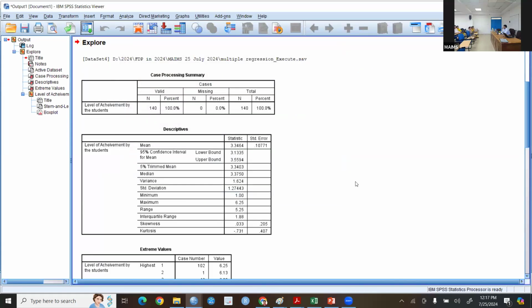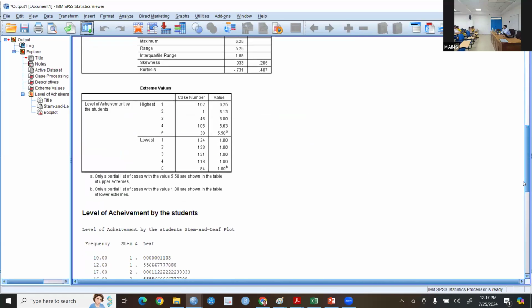Have you got the outliers? Extreme values. So never ever work with extreme values. Try to remove these extreme values from your data set.